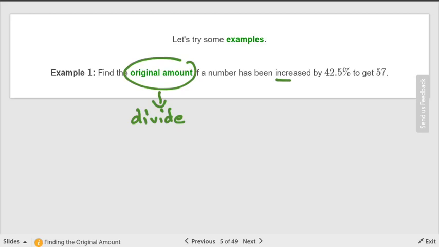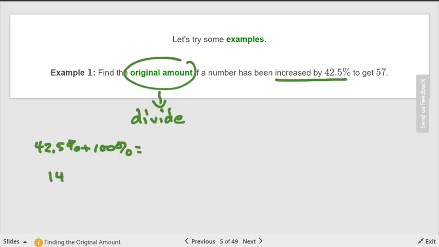If a number has been increased by 42.5%, such an unfortunate number, it is a horrible number. But that's okay, because that just means 42.5% plus 100%. Now, when it's not a decrease, it's an increase, right? So we're adding.